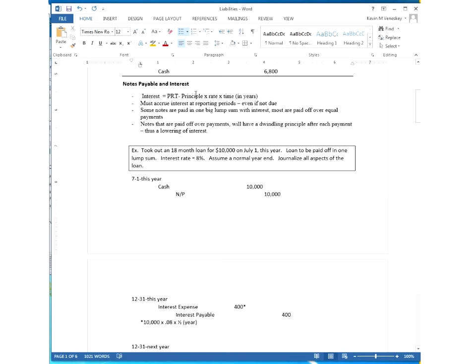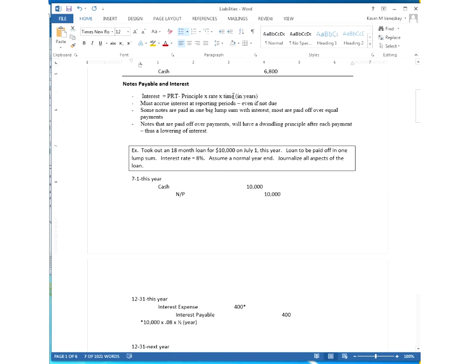Principal times your rate times time. Principal is what you owe on your note. Rate is the interest rate, and time is always listed in years. So if your rate is 8%, that's 8% for one full year. If it's 8% twice a year, that's 4% every single time, 4% in, say, July, and then 4% in December.